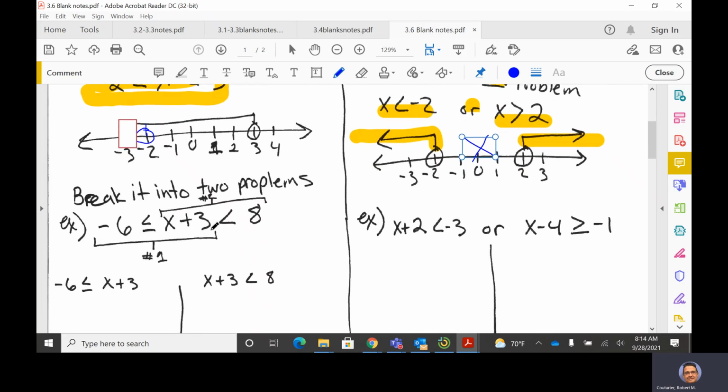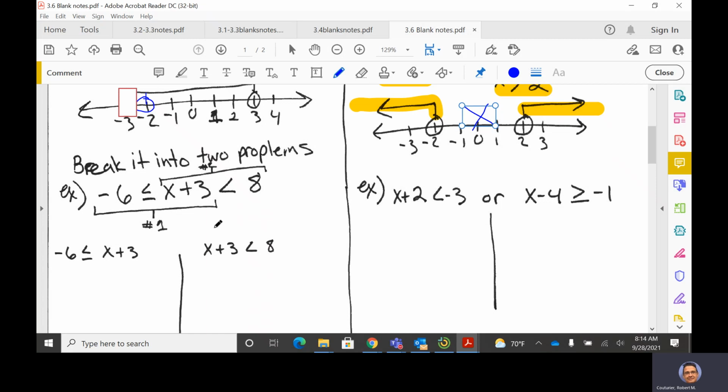So let's say this is our first problem. And I can tell that this problem here is an and problem because it's written in this big chain with two different inequalities in here. In order to solve this, we have to break this problem into two smaller equations.